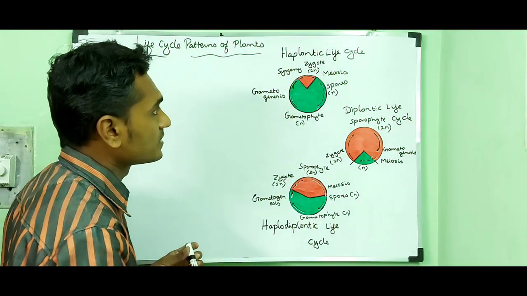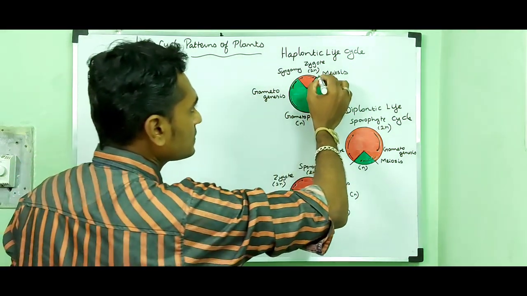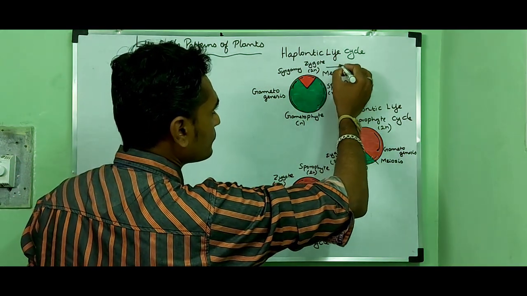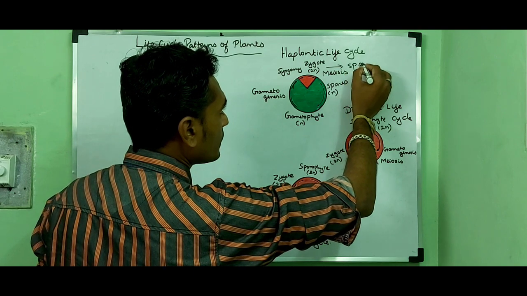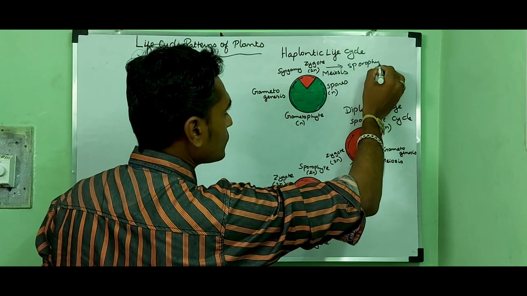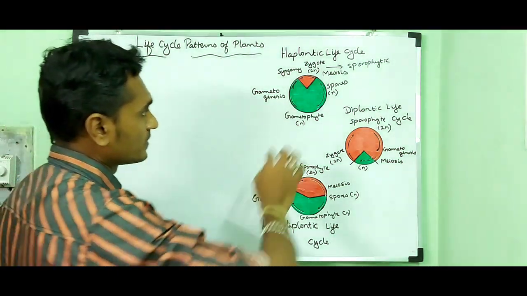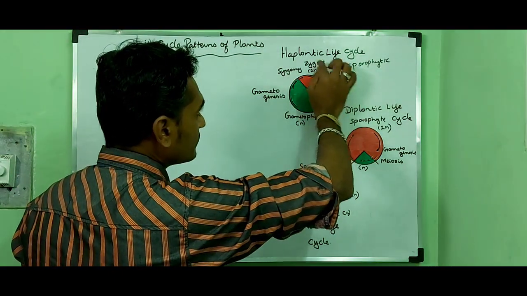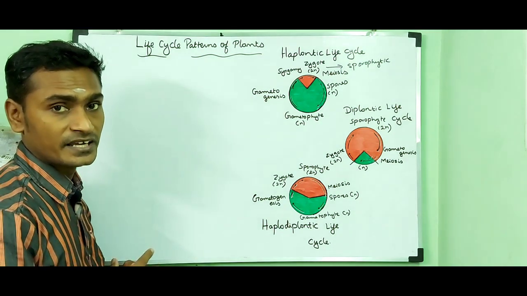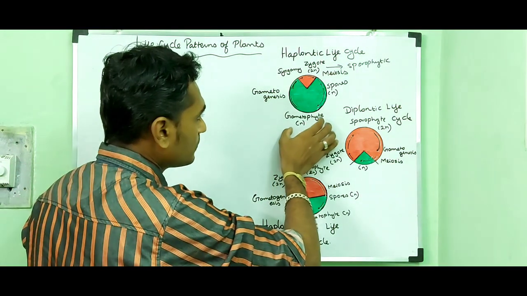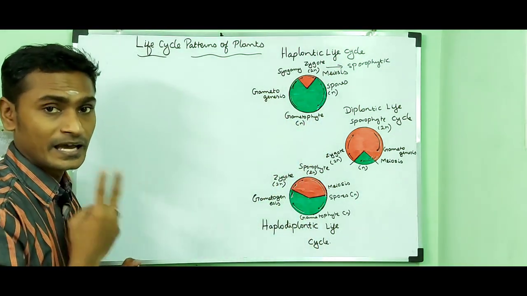The sporophytic phase, 2n, is represented by the zygote. This gametophyte produces gametes.